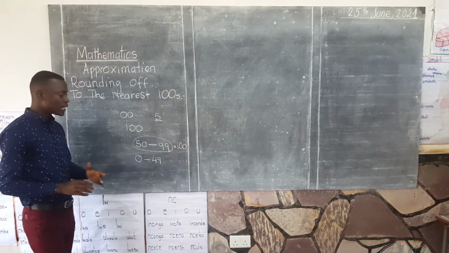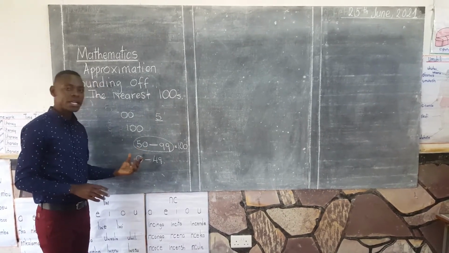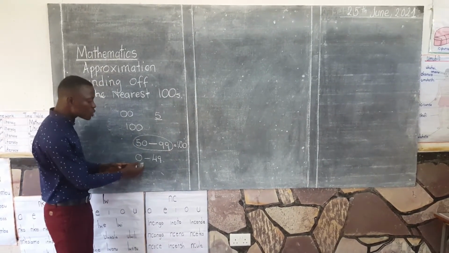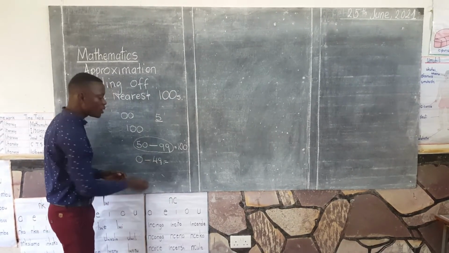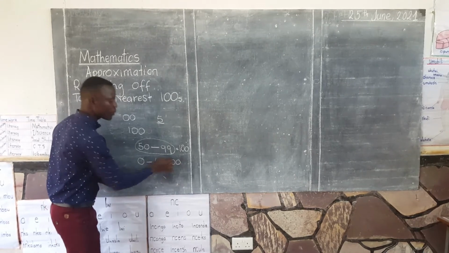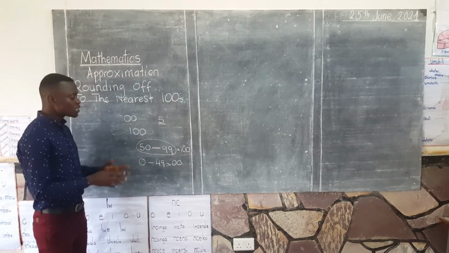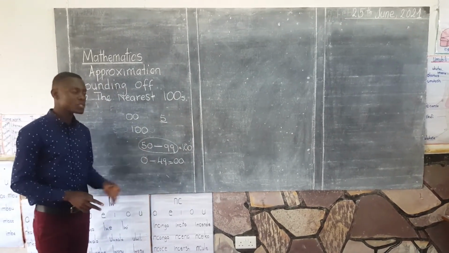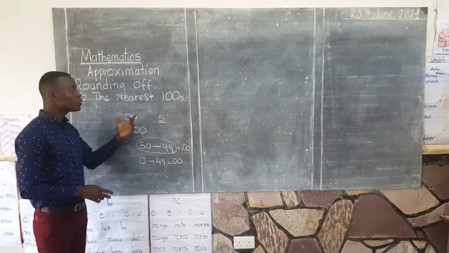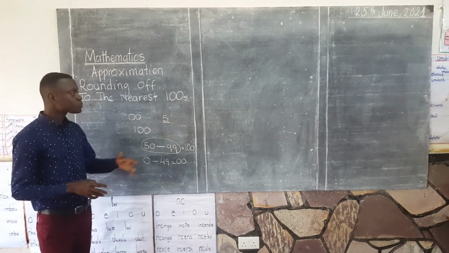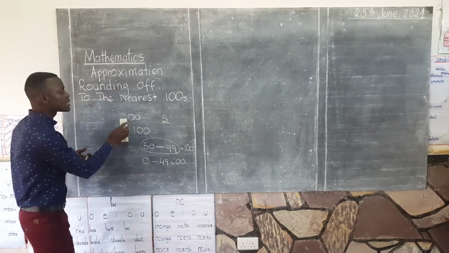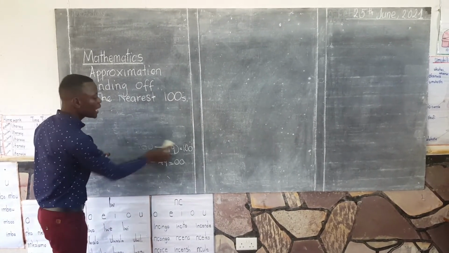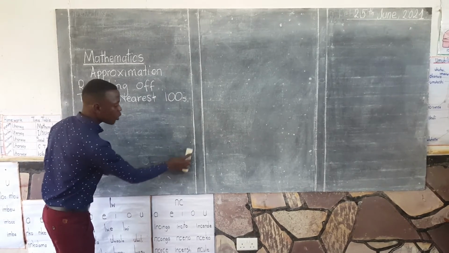All the numbers that are less than 50, meaning between 0 and 49, will have a value of 0, 0. To understand these principles that help us round off to the nearest hundreds, we need to look at some examples so that we apply these principles and concepts.